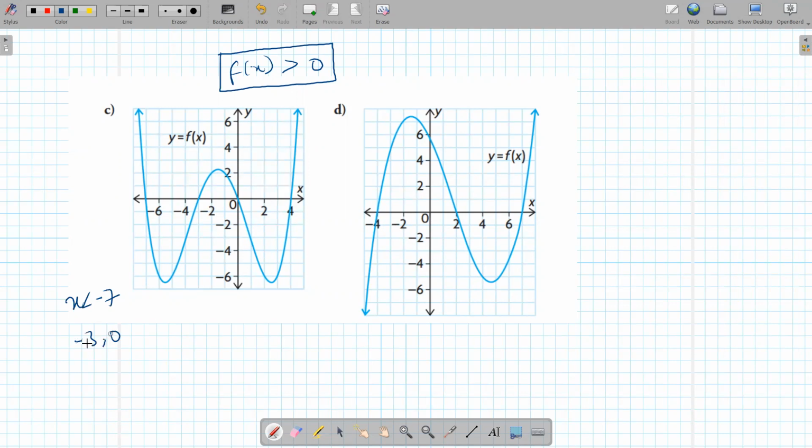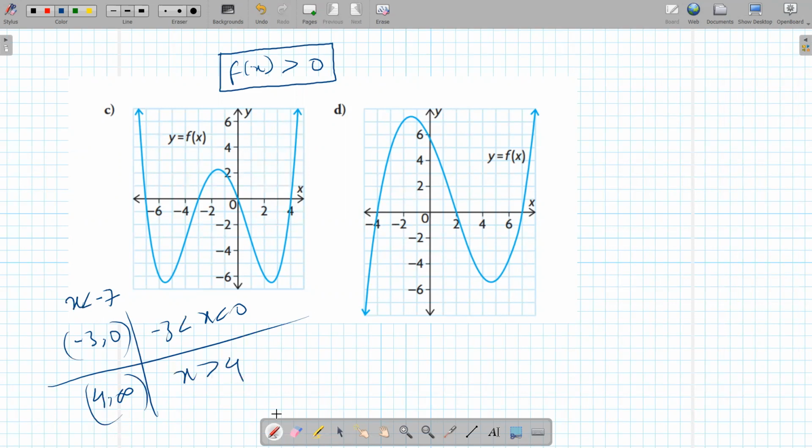Yeah, I'm being lazy. I can just do this notation, or you can say -3 < x < 0. They're both okay. Where's the last one? When x is greater than 4. Yeah. So you can say from 4 to infinity, or you can say x is greater than 4.